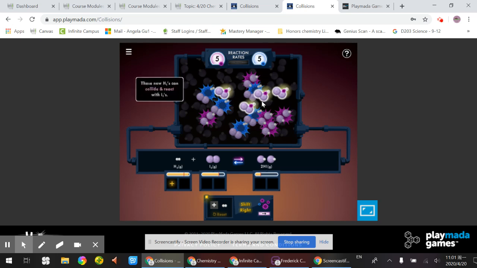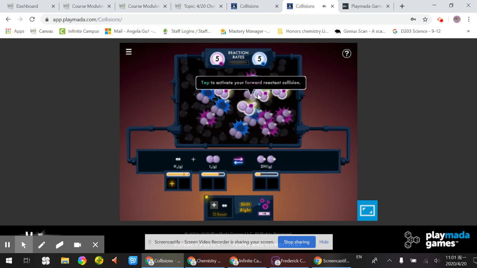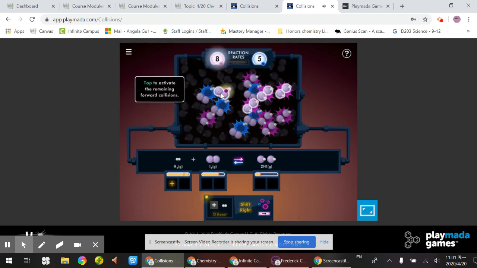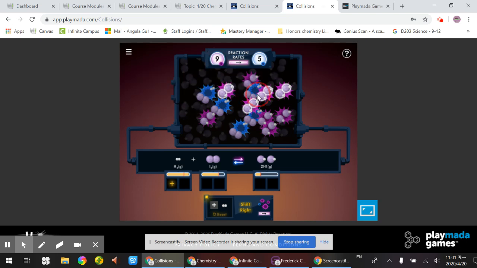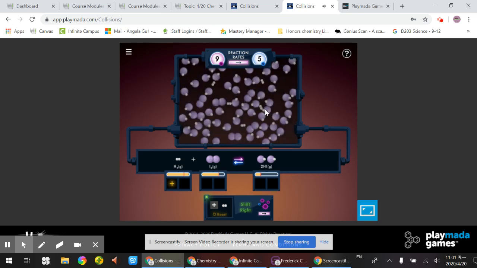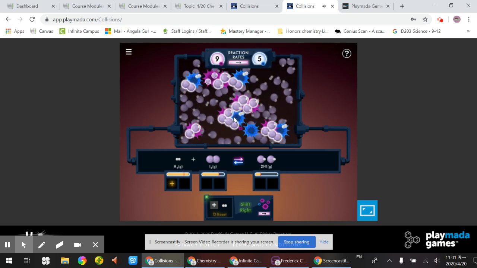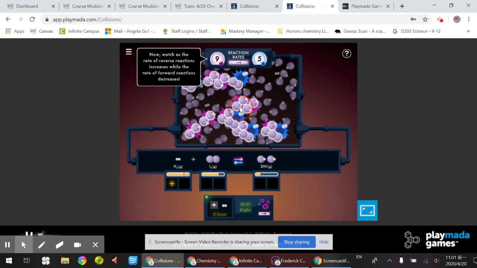and they're going to collide. So we're going to click on them to show that they collided. And all right, so now after you add more reactants, your rate of the forward reaction is going to increase. Then the system wants to reach equilibrium again.